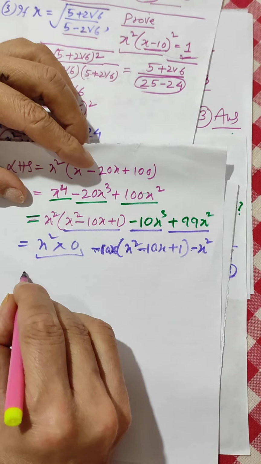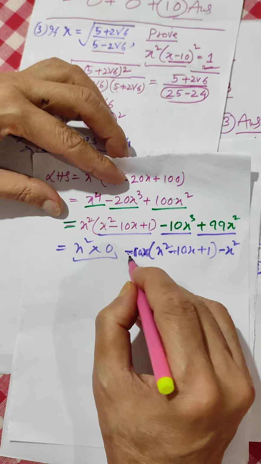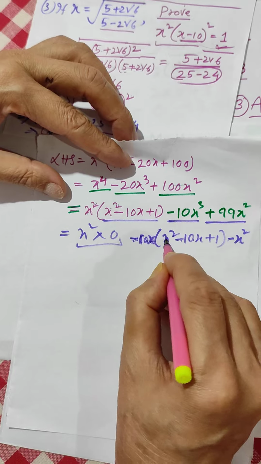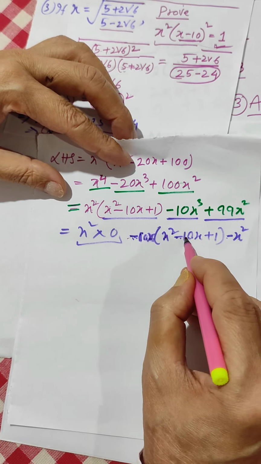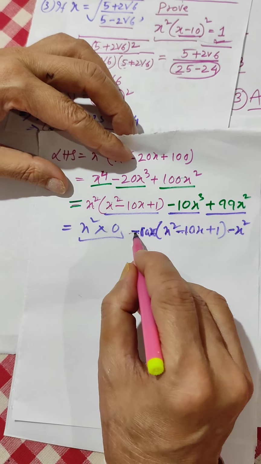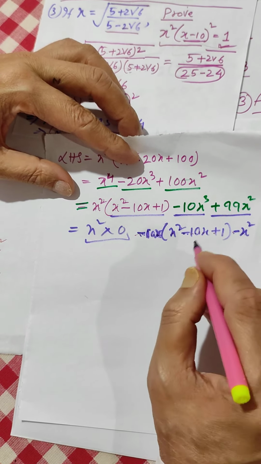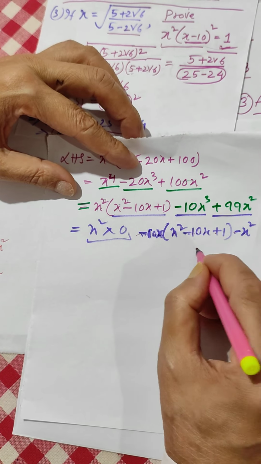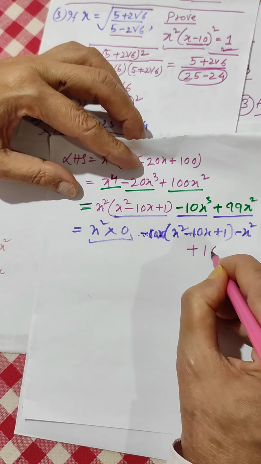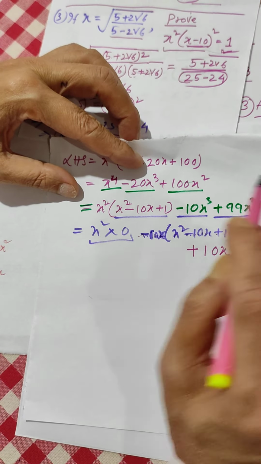Now the last one is left, you see. So minus 10x into minus 10x is 100x square, then 100x square minus x square, this one, then minus 10x plus 1. Minus 10x, we must write plus 10x, because minus 10x plus 10x will become 0, because there is no x term here.